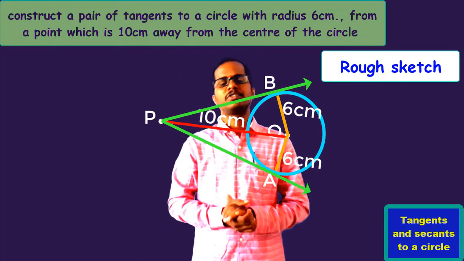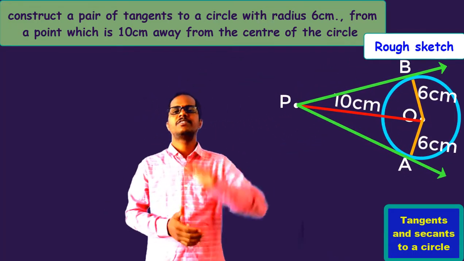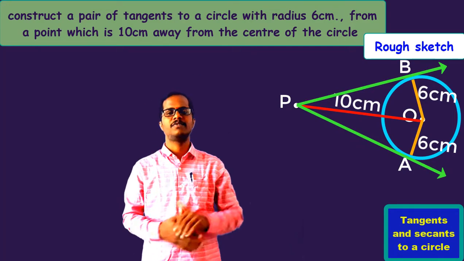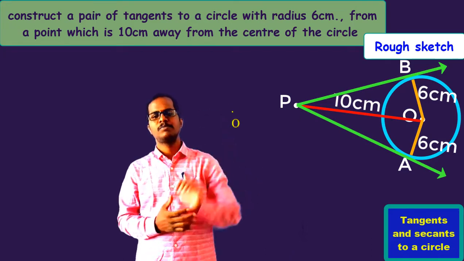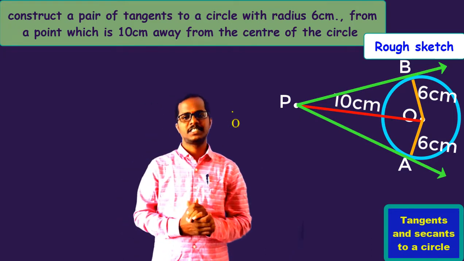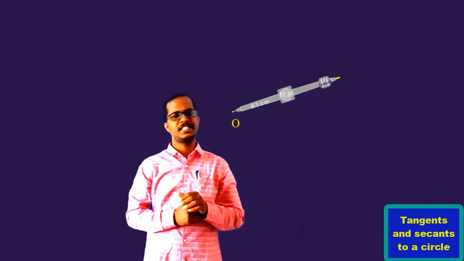Now we proceed to the construction. First we need to draw a circle with the given radius. Let us mark a point and name it O, the center of the circle. Take the compass with radius 6 centimeters, since the radius of the circle is given as 6 centimeters, place it on O, and draw a circle.